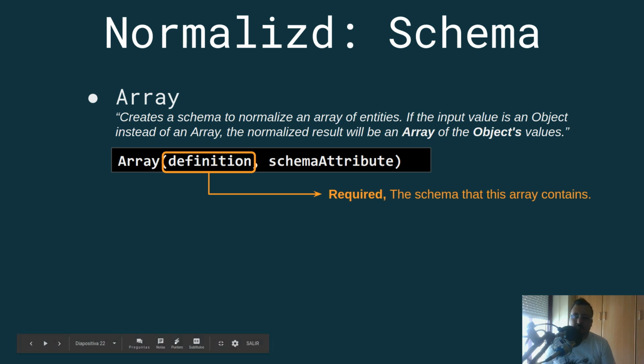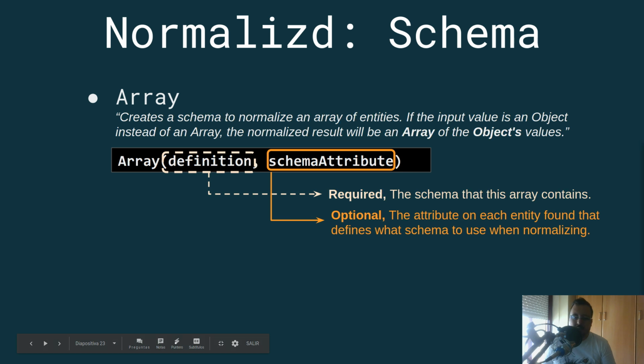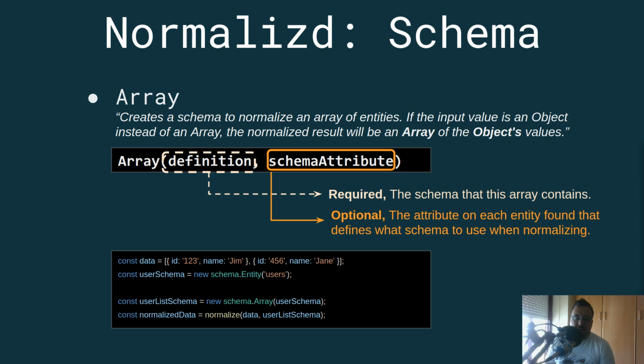And the schema attribute is optional. It's the attribute on its entity that defines what schema to use when normalizing. So you see that we can go deeper and deeper into how things are built. So here we have an example.